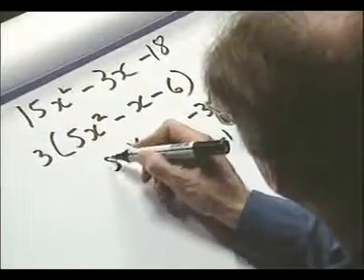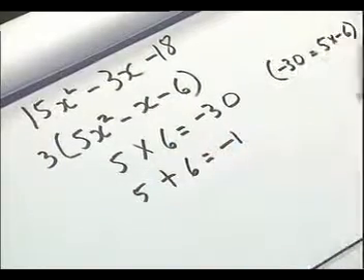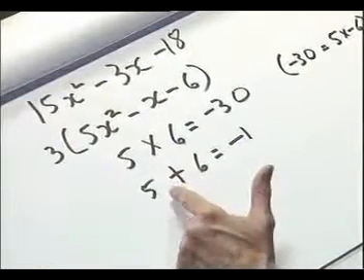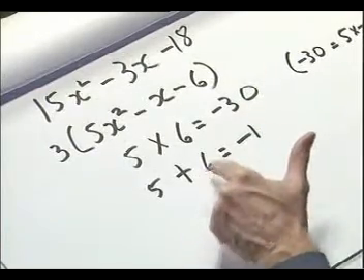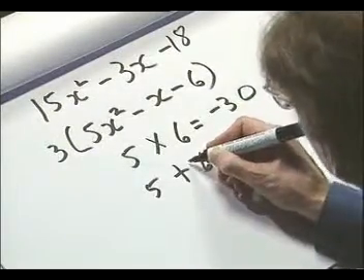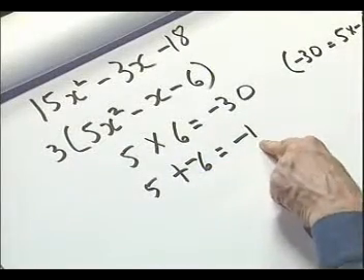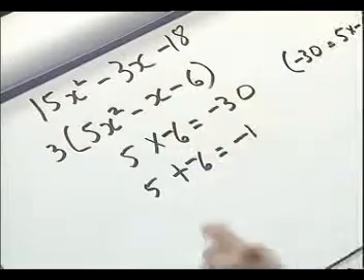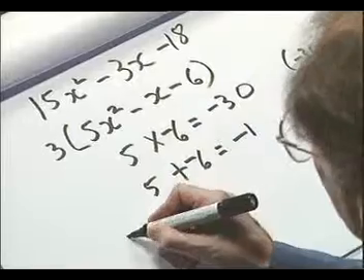So how can I juggle the signs with the 5 and the 6? Well, 5 plus 6 has to give me minus 1. It looks like the 6 is going to have to carry the minus sign. So 5 plus minus 6 does give me minus 1, and 5 times by minus 6 does give me minus 30.